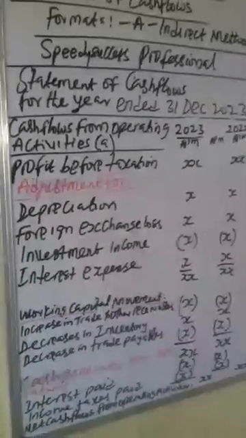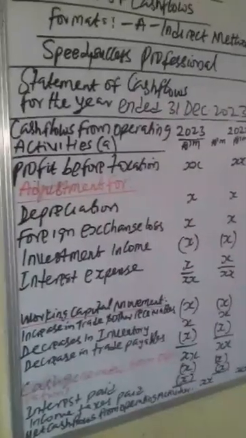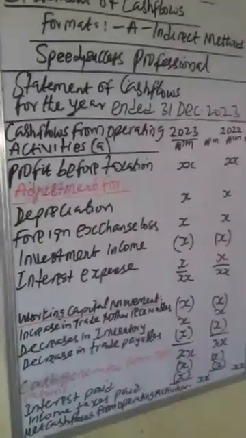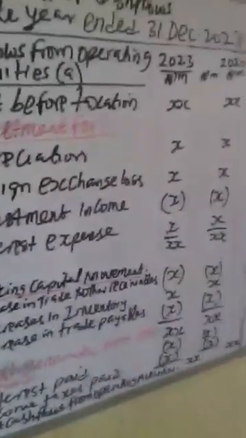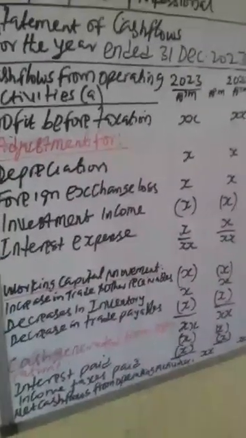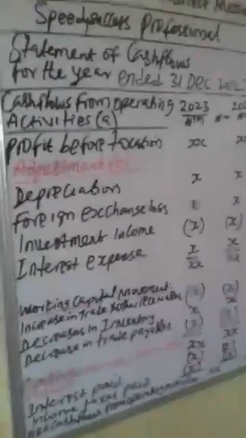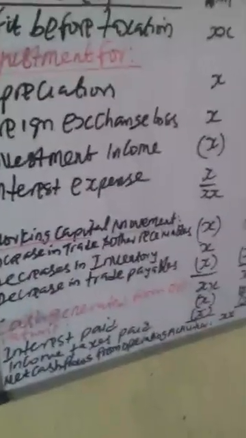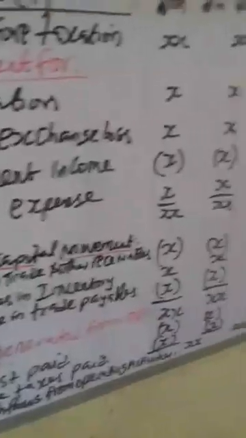Vice versa, when it's a decrease in current liability, it is an outflow, and an increase in current liability is an inflow. I purposely use these three items so as for you to understand. When that is done, the total from the beginning to this point is known as cash generated from operations.